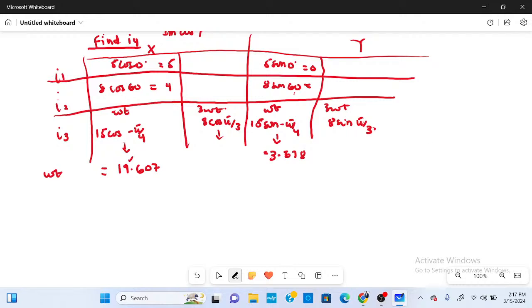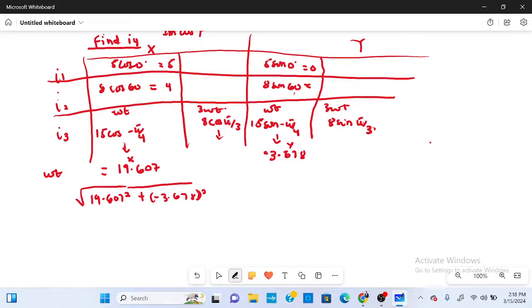I have the x and I have the y, right? So as usual, you find the magnitude of this. So the magnitude is simply square root of 19.607 squared, then plus negative 3.678 squared. That is for the omega t side.